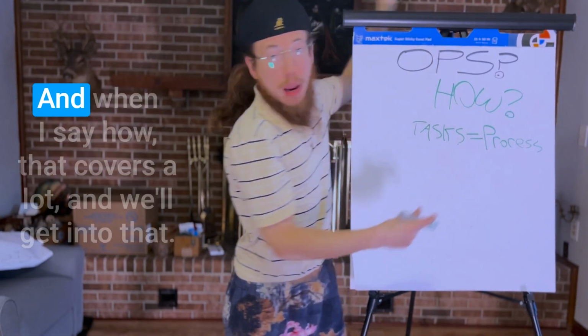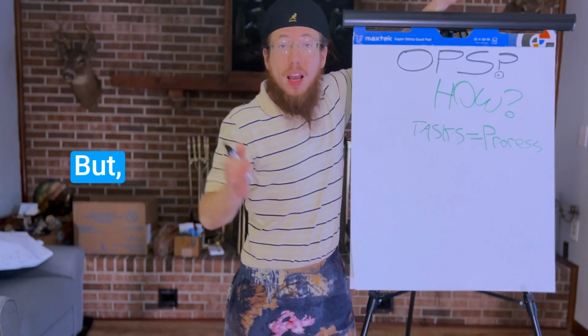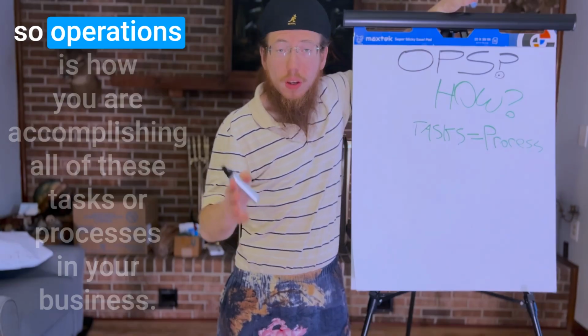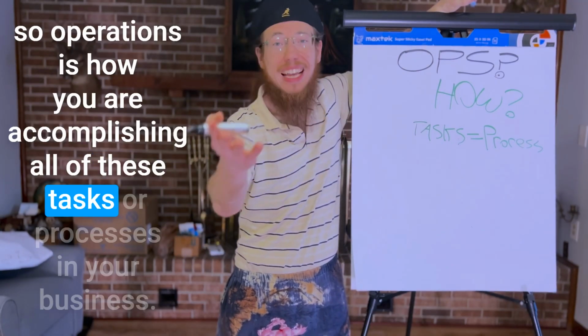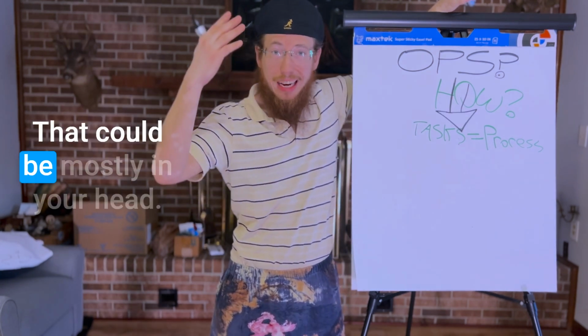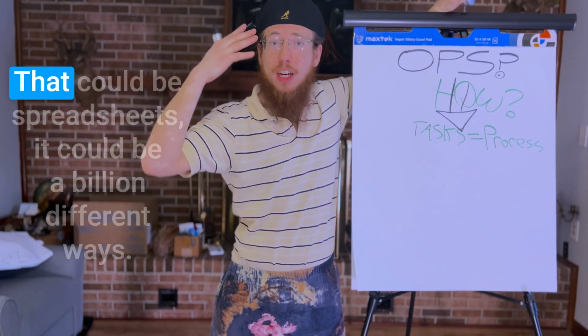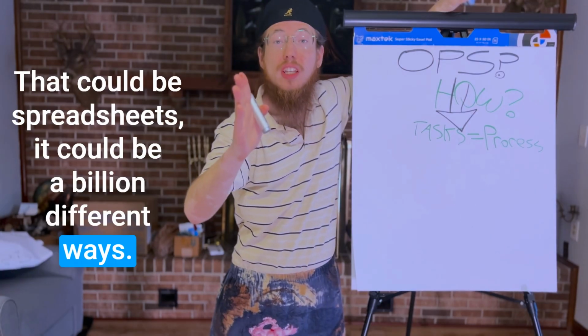Okay? And when I say how, that covers a lot, and we'll get into that. So operations is how you are accomplishing all of these tasks or processes in your business. That could be mostly in your head. That could be spreadsheets. It could be a billion different ways.